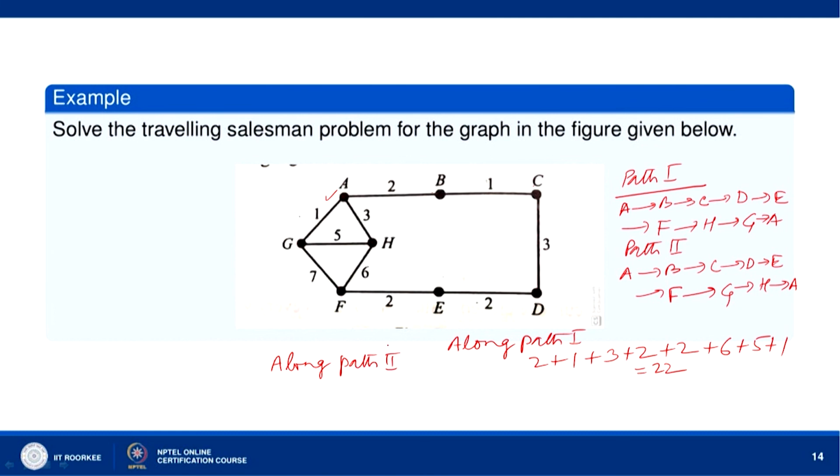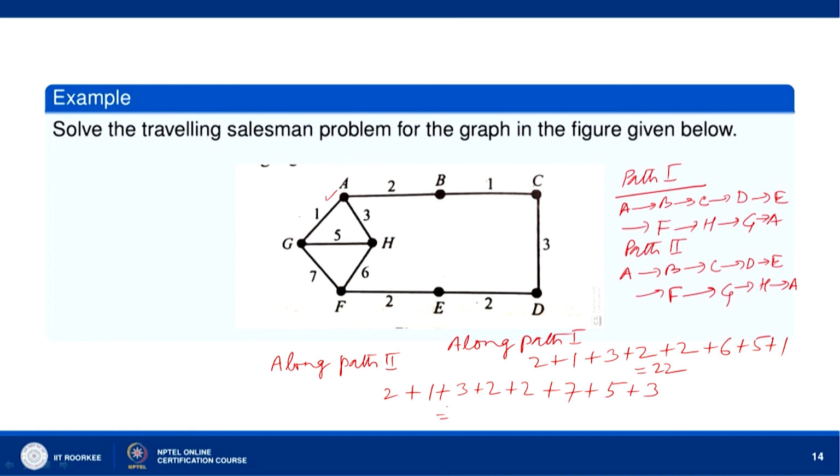the sum is, A to B, we have 2, then B to C we have 1, then C to D, so 3, then D to E, that is 2, then E to F again 2, and then F to G we get 7, then G to H, so we get 5, and then H to A, so we get 3.